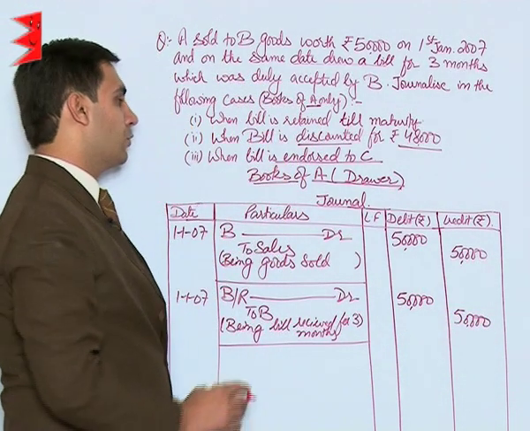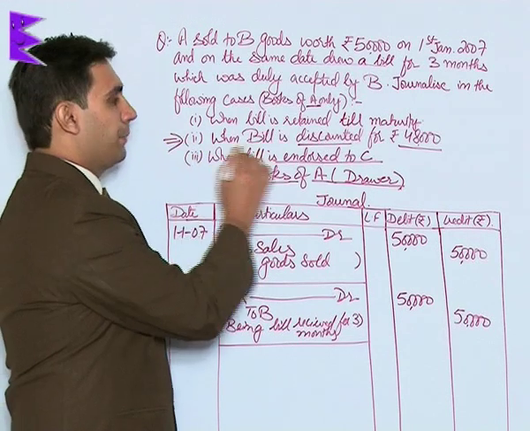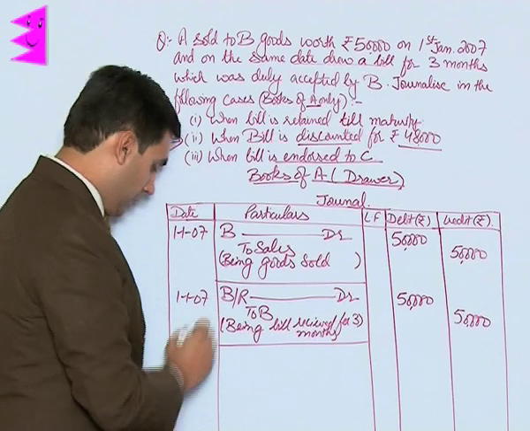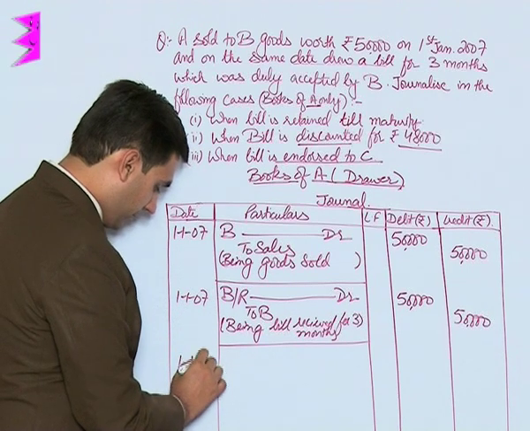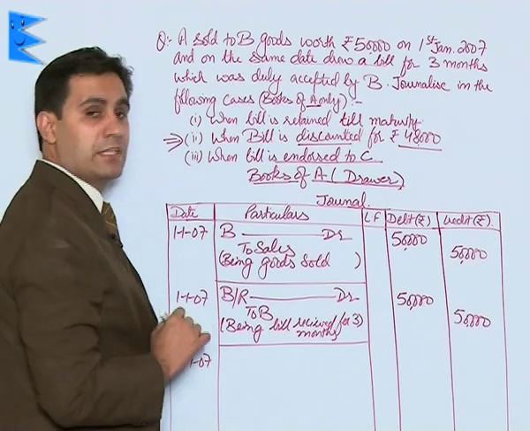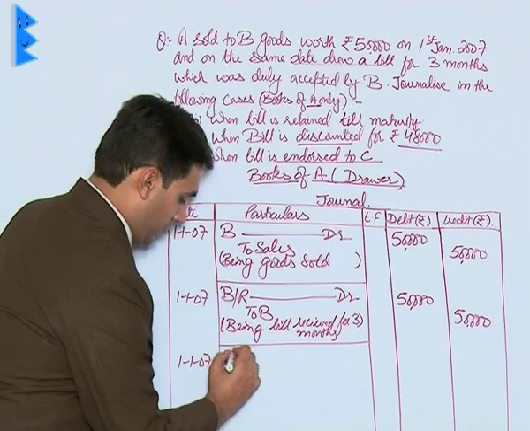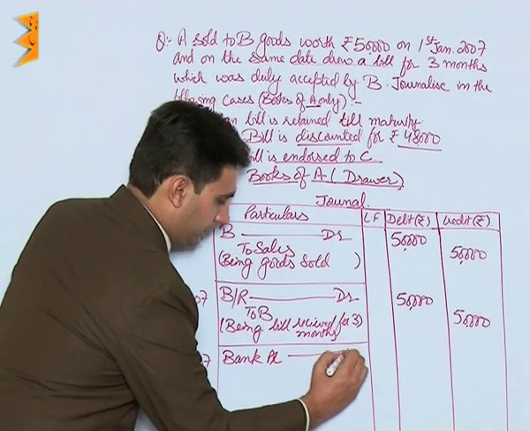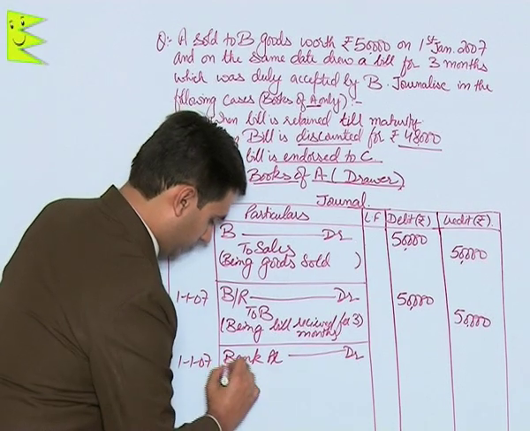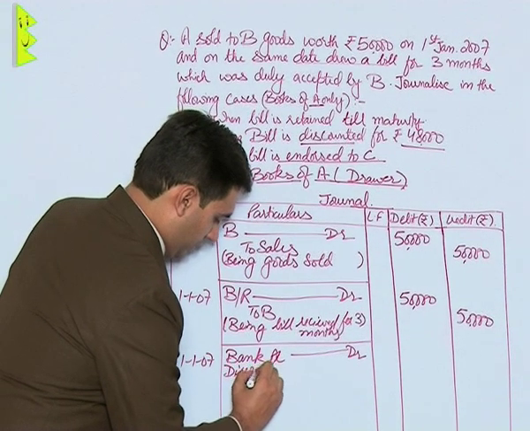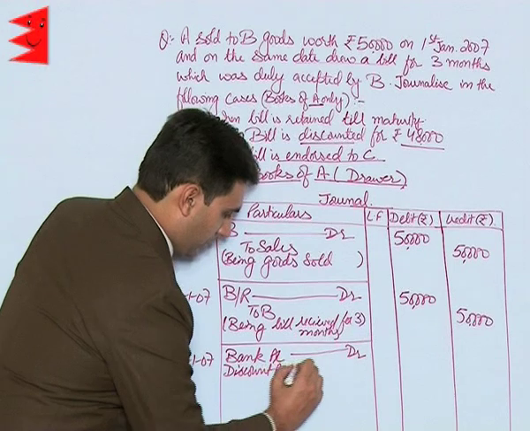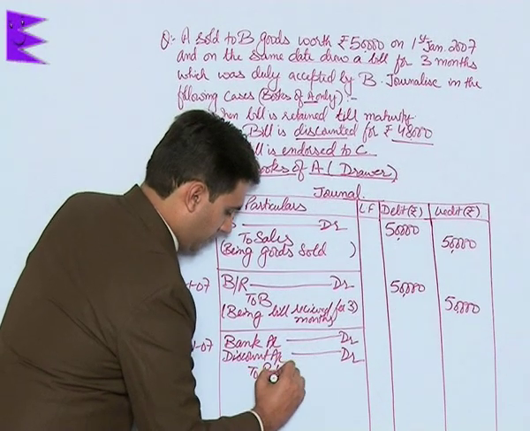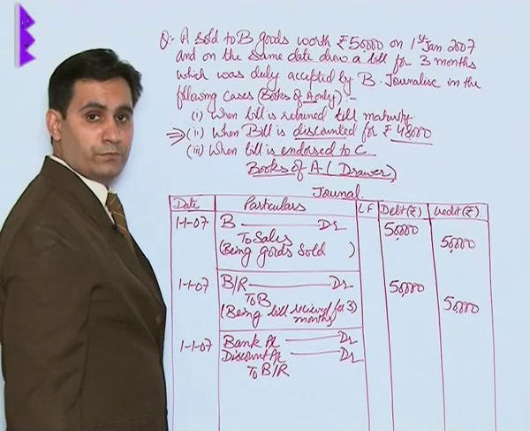Then it further goes on to say that the bill was discounted for rupees 48,000. Now students, on the same date, that is on 1st January, the bill has been discounted. Entry would be bank account debited, discount account debited to bills receivable.